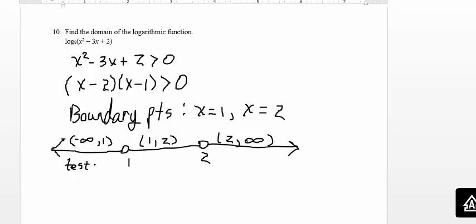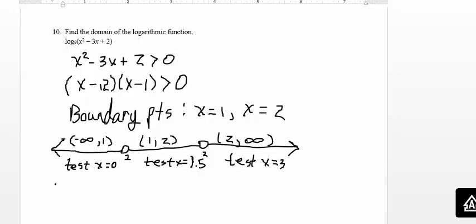Let's test x equal to 0. Here let's test x equal to 1.5. And in this interval, where we can use any number bigger than 2, let's test x equal to 3.